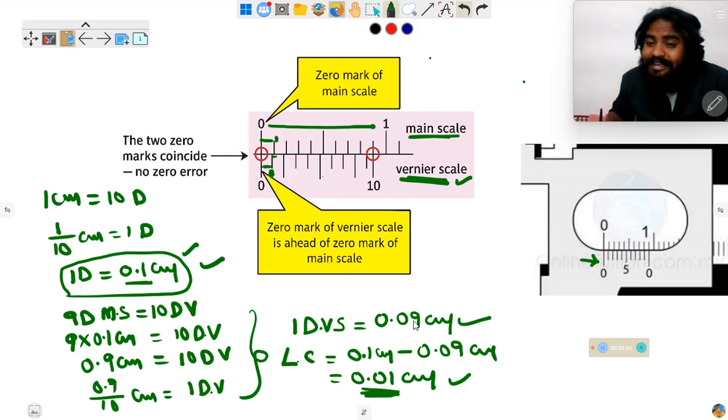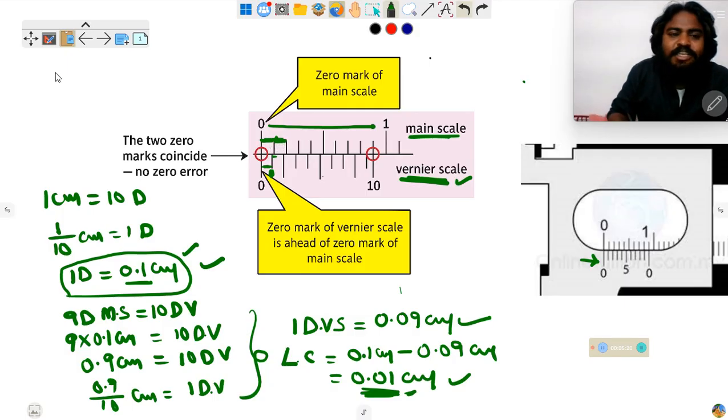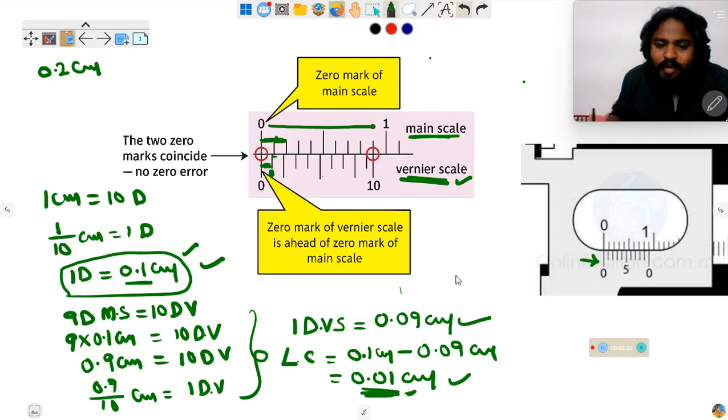Then I can tell that the length of the object is 0.1 centimeter. For example, if you observe one more case here, this is 0.1, this is also 0.1. What is the total length? It is 0.2 centimeter, right? And next, this is 0.09, and the total is 0.9 plus 0.